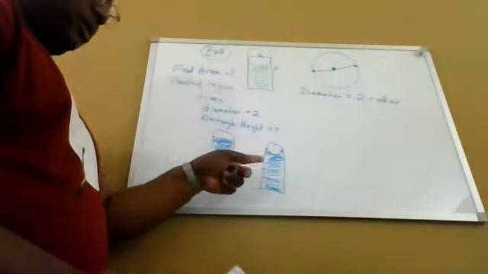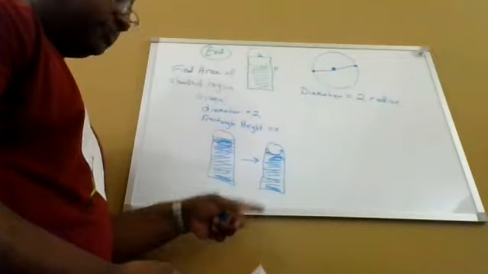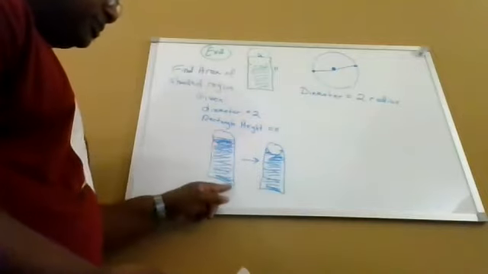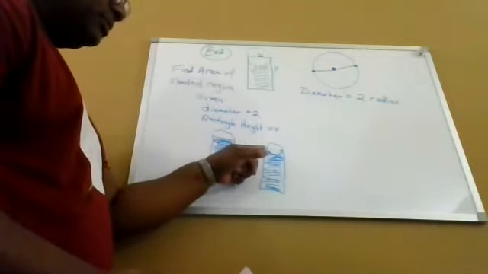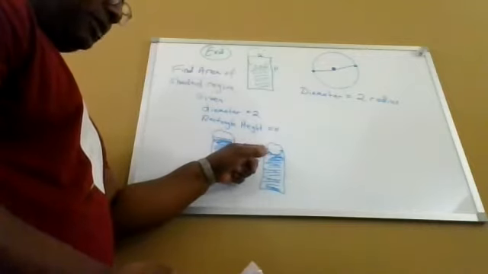So this is why we're going to calculate the area of the rectangle minus half the area of the circle.